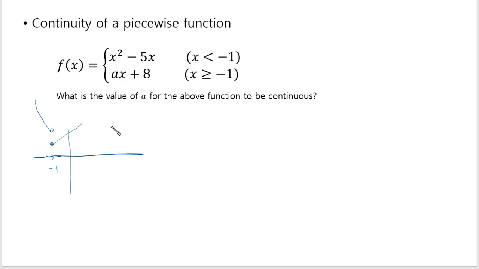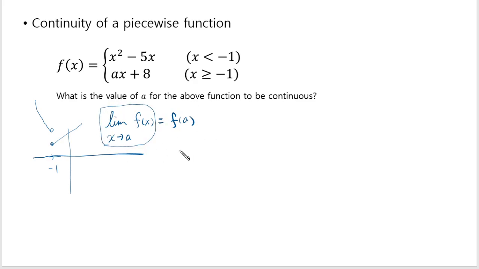Now the definition of continuity is limit of x goes to a of f of x equals the value of f at a. So for that to be true, you need the left side to exist, the right side to exist, and they have to be equal, right? And since we're really worried about the jump discontinuity, it's really about whether this exists or not.